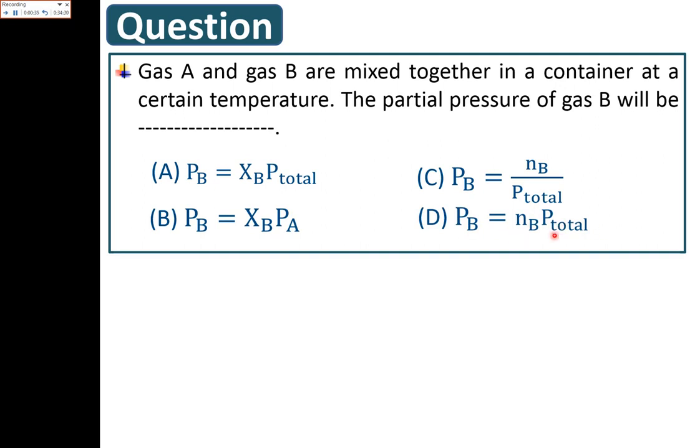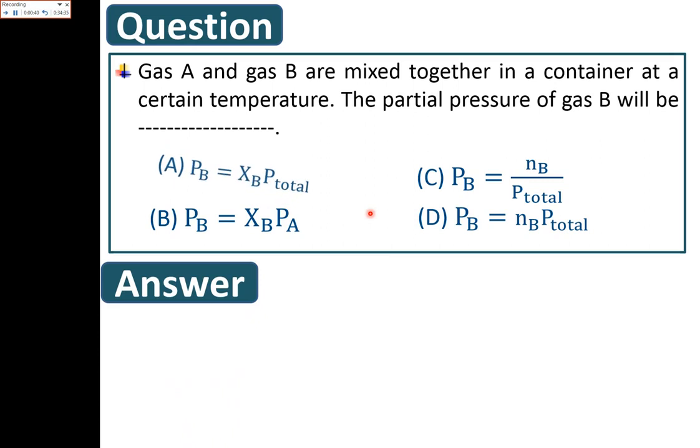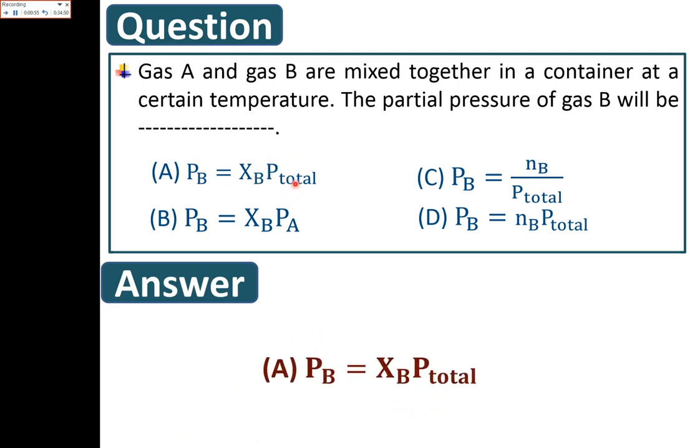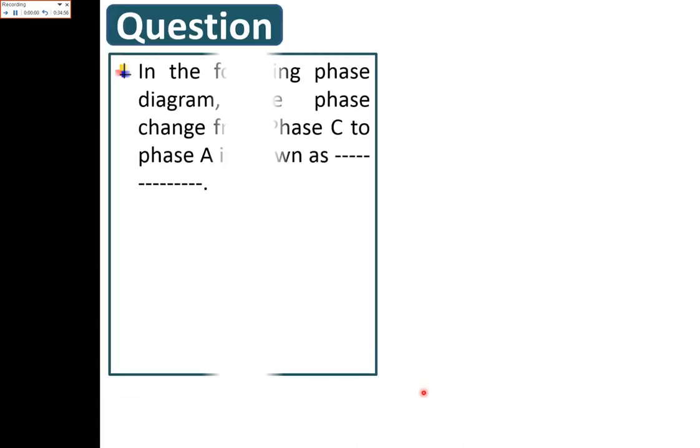Actually, number A is the correct answer. The partial pressure of a given gas in a mixture of gases depends on the mole fraction of that gas multiplied by the total pressure. So this is the statement or the mathematical expression for Dalton's law.